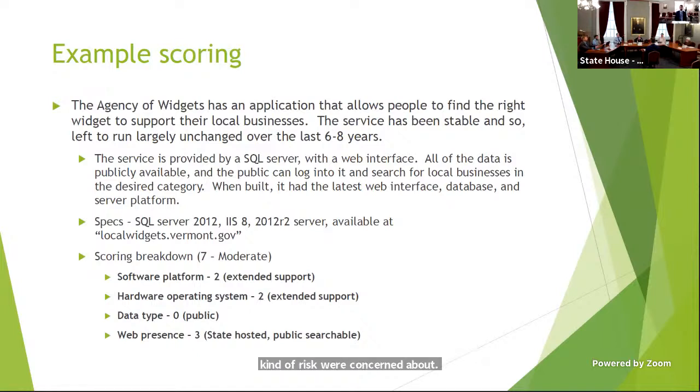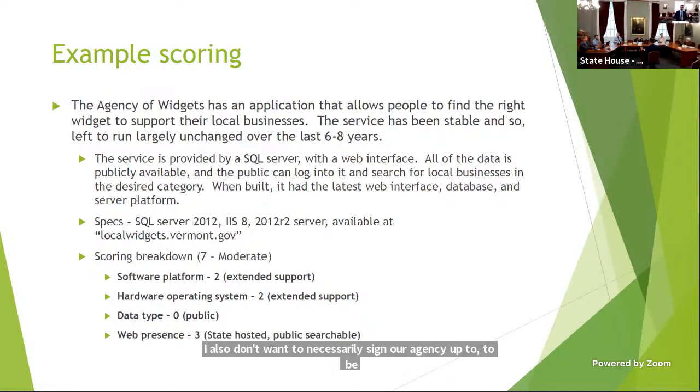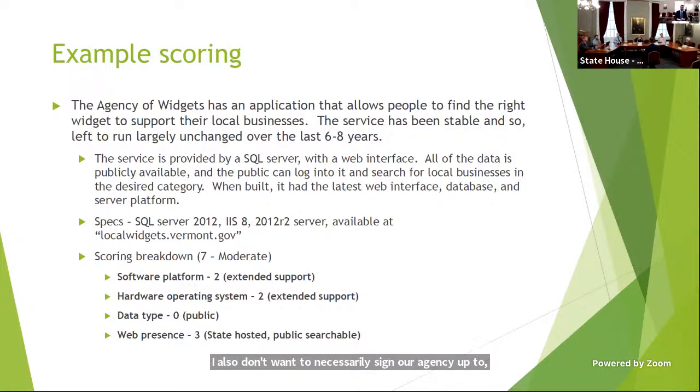Absolutely, that would be it. And I don't even want to say in a perfect world, in a right world, that's where we would be. But I also don't want to necessarily sign our agency up to be the risk manager for all state systems. If it's IT related, absolutely, that's our responsibility.